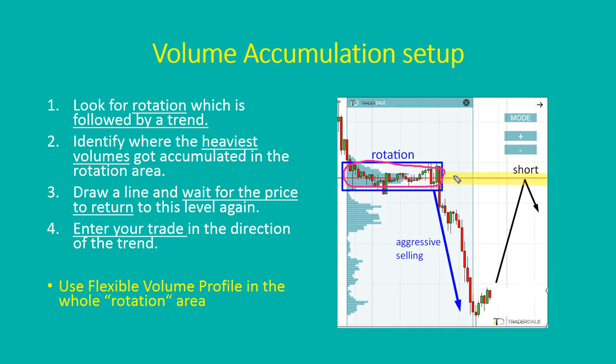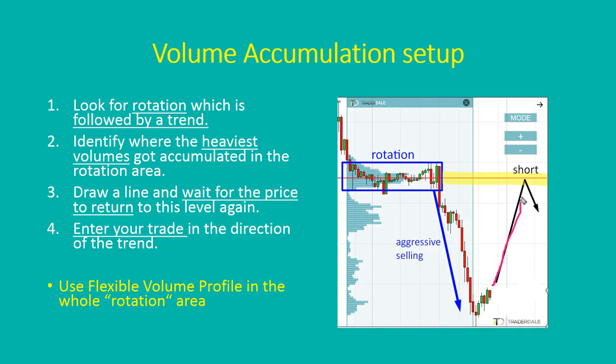But if there's selling activity after the rotation, you can tell that in this place sellers were accumulating their selling positions. If there was an uptrend afterwards, after the rotation, then it was buyers who were accumulating their positions there. Alright, so you can tell by the movement which occurs afterwards.